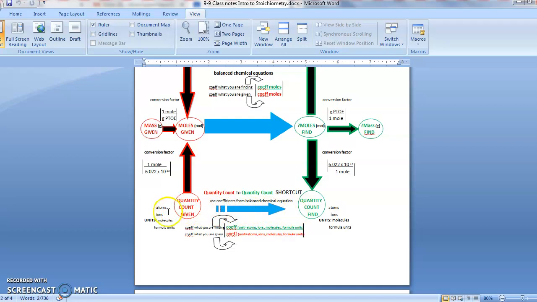So if we're working with atoms, ions, molecules, or formula units, and they're asking for atoms, ions, molecules, or formula units of something else, if they give you any of these 4, and they ask for how many of something else you would need, we could go here, over, and down.